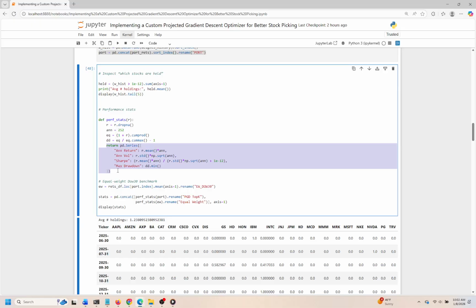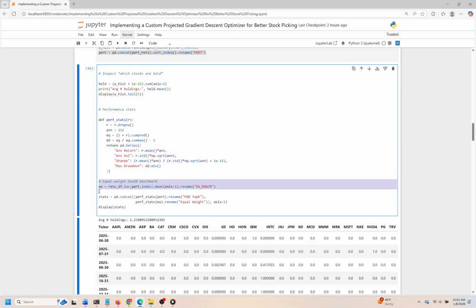To provide a benchmark for our performance, we compute an equal weighted average for the Dow 30. By gathering these statistics for both our portfolio and the benchmark, we can juxtapose our results, helping clarify how well we're doing compared to a standard market approach. These insights will guide our adjustments and fine-tuning in upcoming analyses.